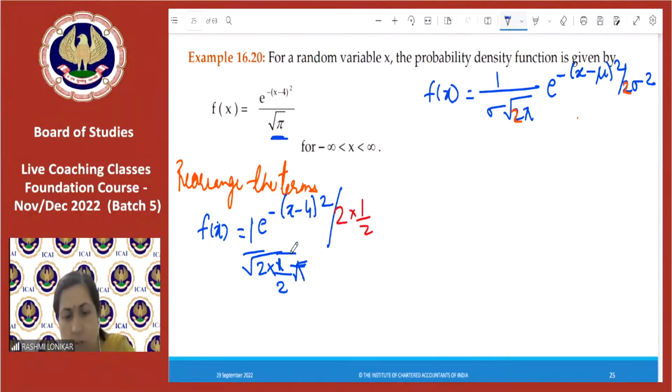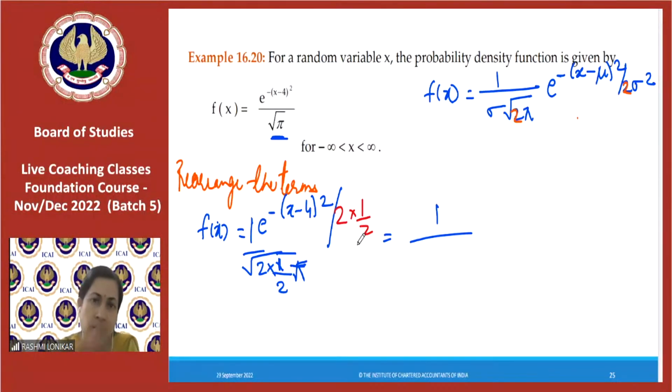Okay. So what will happen once I have this? I will write this as 1 upon. Now what do I require? I require 2 pi under the square root sign. I want to take out this 2 outside the square root sign. When I am bringing something outside the square root sign, it becomes double. So this is equal to 1 upon 4 square root of 2 pi.